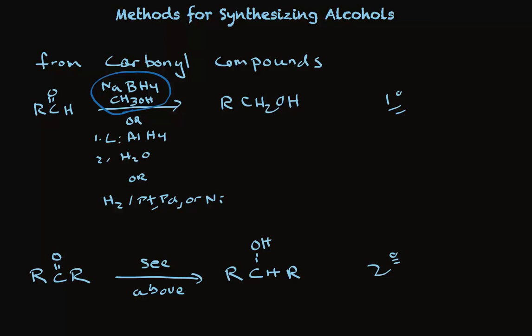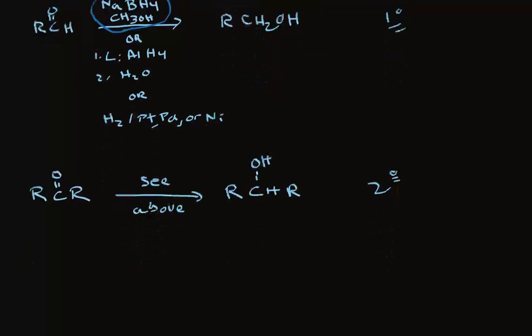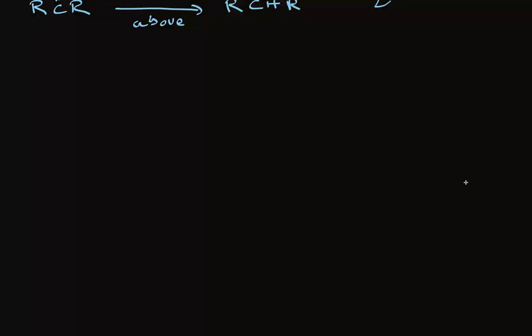And when we want to make an alcohol from a carbonyl compound and make a carbon-carbon bond at the same time, recall that formaldehyde with the Grignard reagent followed by water makes a primary alcohol.